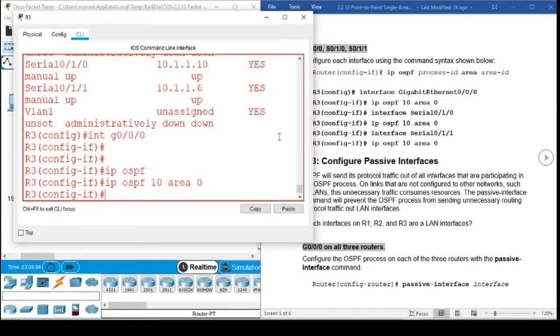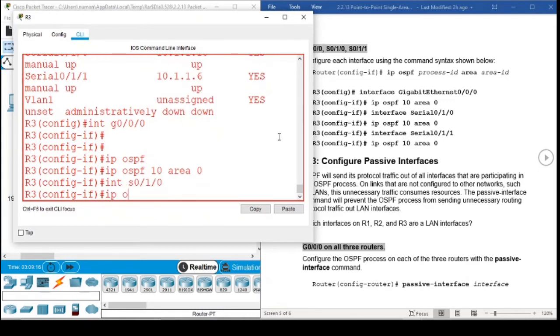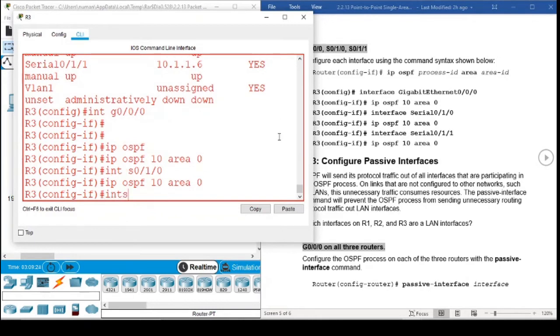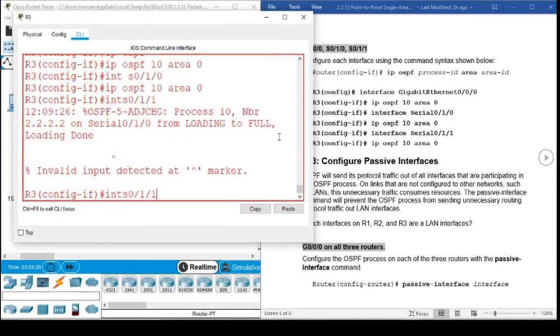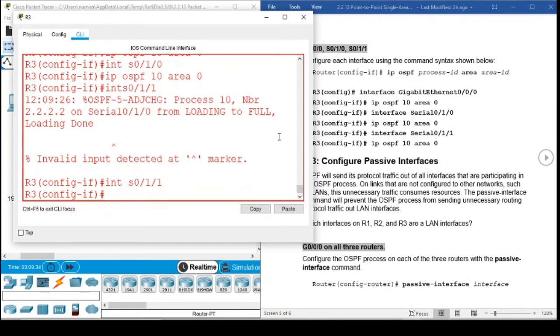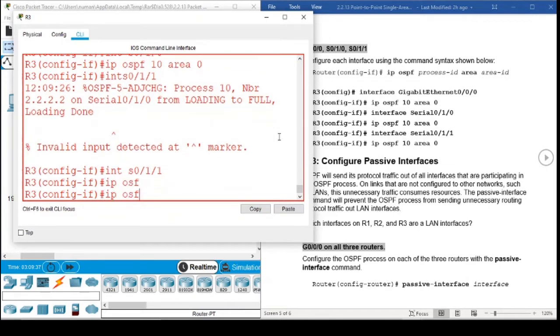Okay, now go to the second interface, which is serial 0/1/0, and again ip ospf process number 10 area 0. Again interface serial 0/1/1, and then ip ospf, process number, then area 0.